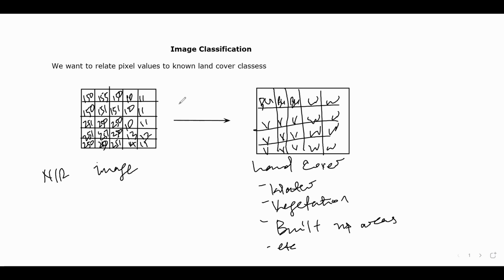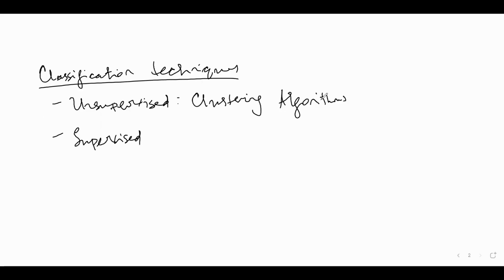The algorithms that we use are image classifiers that enable us to relate the pixel values, the DN values, with known land cover. We usually refer to them as clustering algorithms.